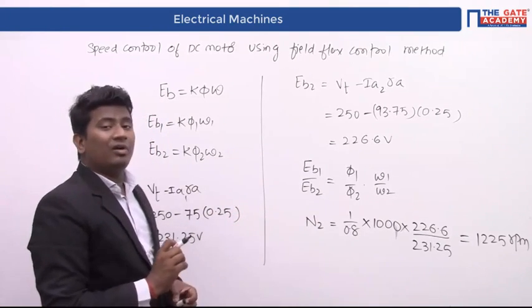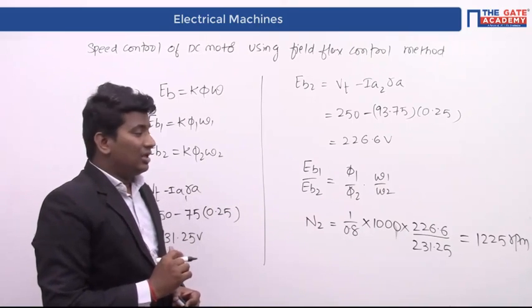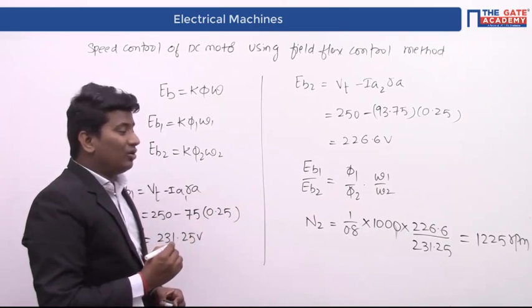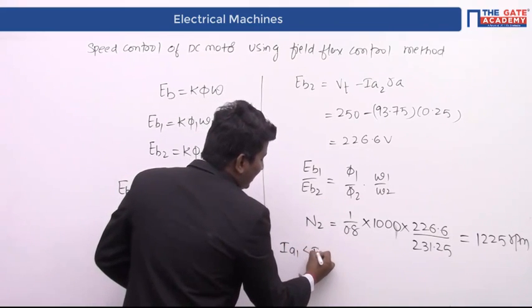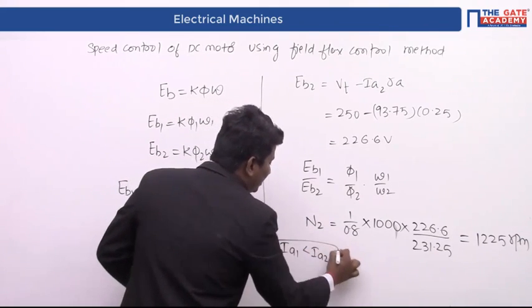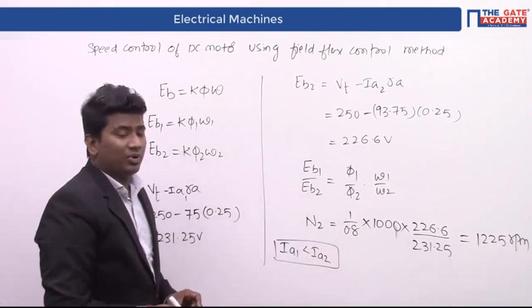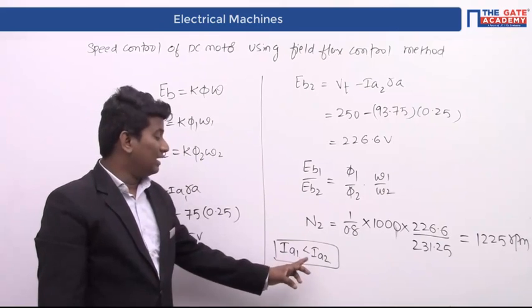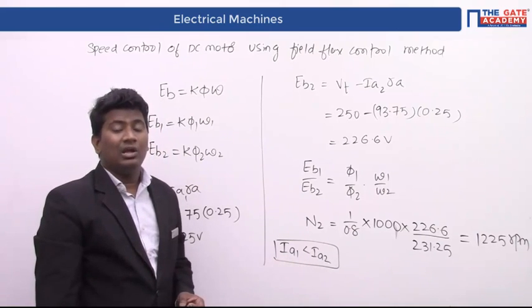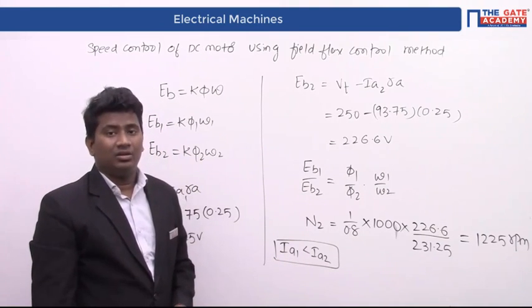So what you have observed in this conclusion? In this constant torque load method, your armature current IA1 is less than IA2. It means during this process, your armature is carrying greater than the load current. Therefore, your machine may get damaged.